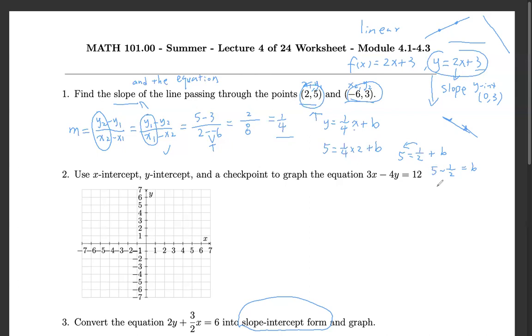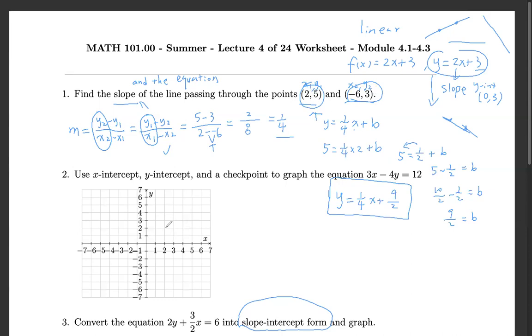We can change 5 to 10 over 2, minus a half, because we need a common denominator. 10 minus 1 is 9, so 9 over 2. Now we can write y equals 1/4 x plus 9/2. This is the name of the line passing through these 2 points.